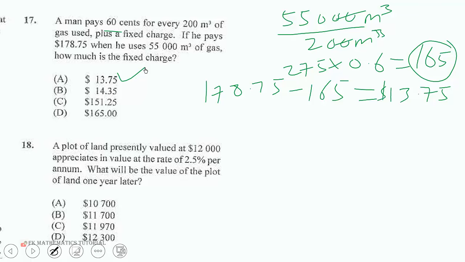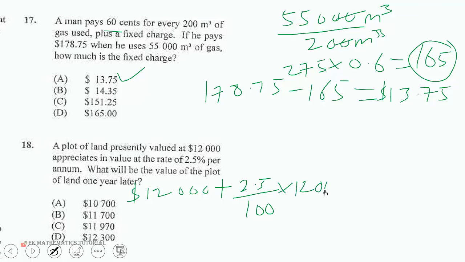A plot of land presently valued at $12,000 appreciates in value at the rate of 2.5% per annum. What will be the value of the plot of land 1 year later? So you calculate, the current value is $12,000. So you calculate 2.5% of it and add to it.